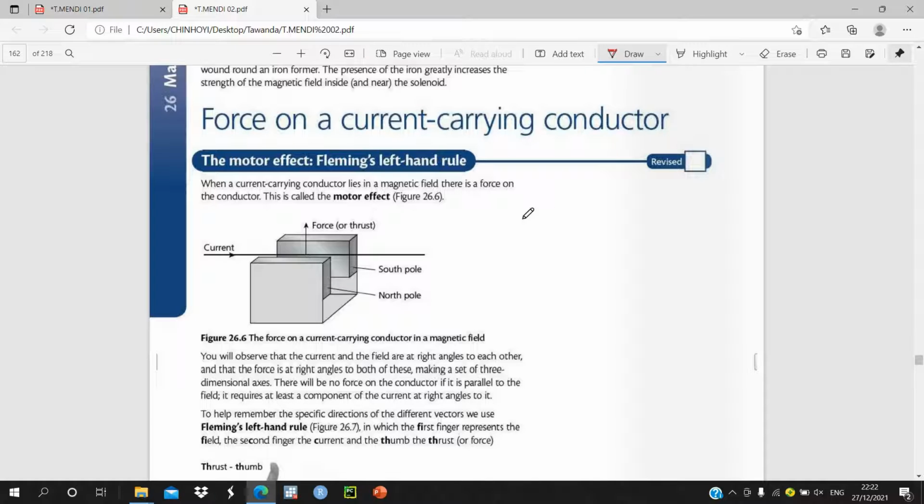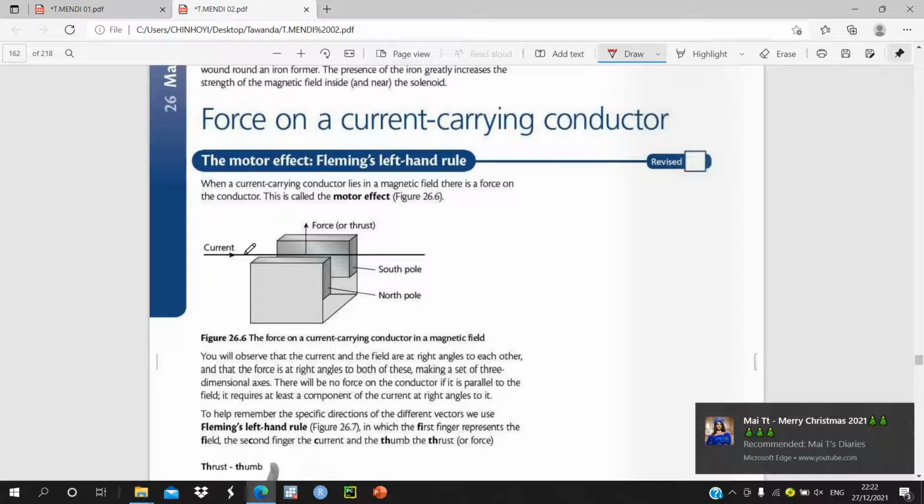As you can see in this diagram, the bar magnet makes a magnetic field, and if we take a conductor which carries a current, there is going to be a force experienced by this wire.